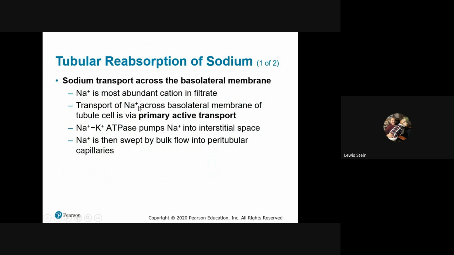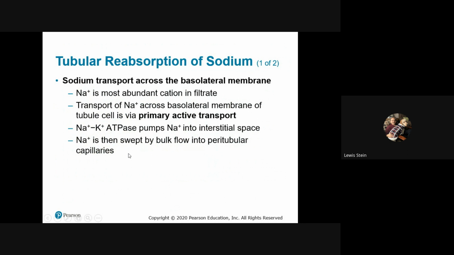Sodium certainly is the big player, and now we get to that reinforcement of what you learned a while ago, primary active transport. Typically you move sodium, with transport of sodium across the basal membrane of tubular cells by primary active transport, and then if we're pumping it into the interstitial space, we can utilize the sodium potassium pumps.